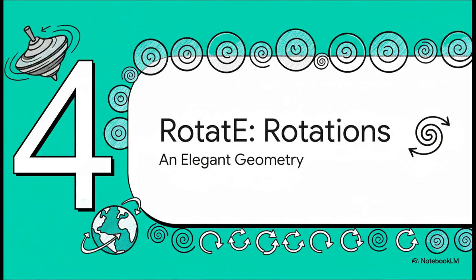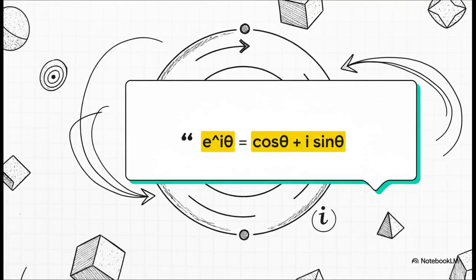And this is where things get really elegant. It was time for the next big idea, a new kind of geometry. Let's talk about RotatE, a complex rotation. We're moving from just sliding points around to spinning them. The big spark of inspiration came from this: Euler's identity.